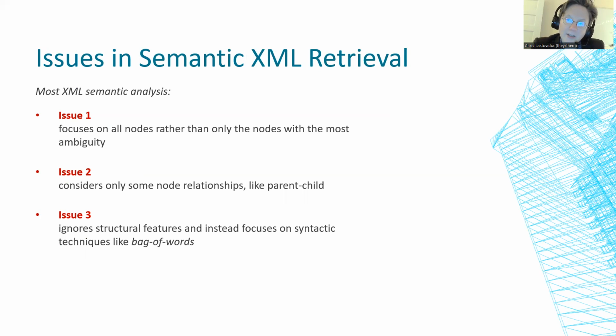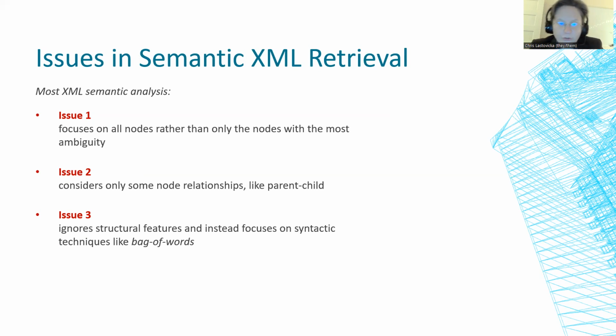Most of the semantic analysis for XML so far has had a few limitations. Instead of just focusing on nodes that have the most ambiguity and lack of clarity of meaning, these methods focus on all of the nodes. Sometimes the semantic analysis considers only certain types of node relationships, like parent-child, but not other relationships.